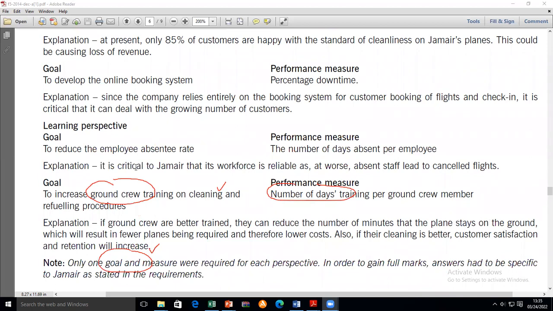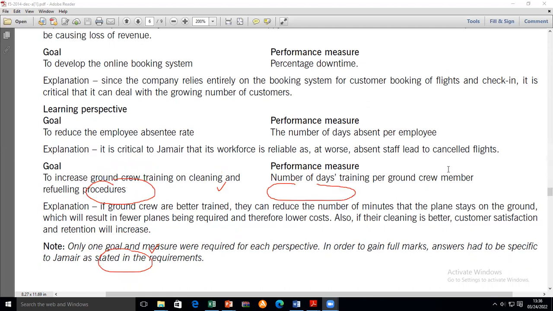What of learning? One of the problem issues that we have is the absentee rate. It's very high. We want to reduce the absentee rate. So we want our employees to be trained so that they become better, effective workers and reduce the absentee rate.